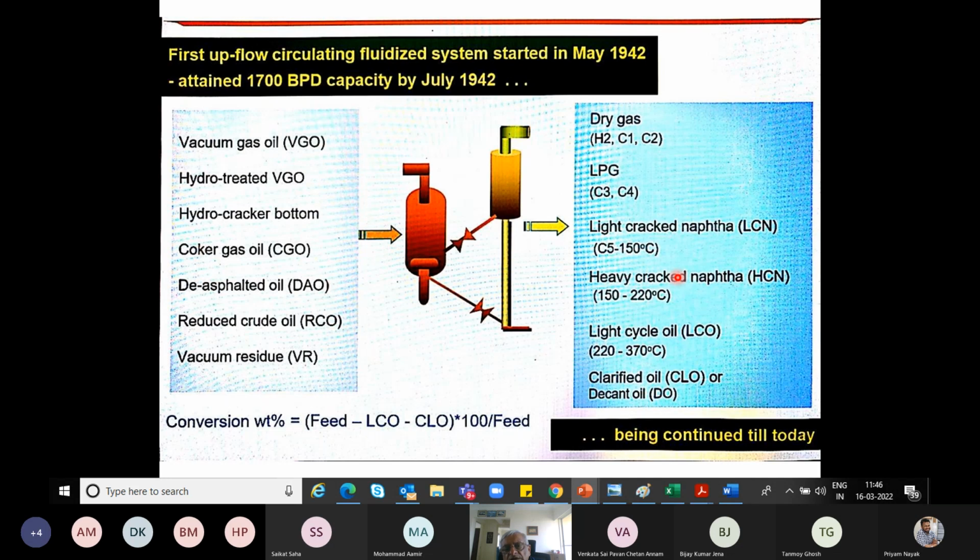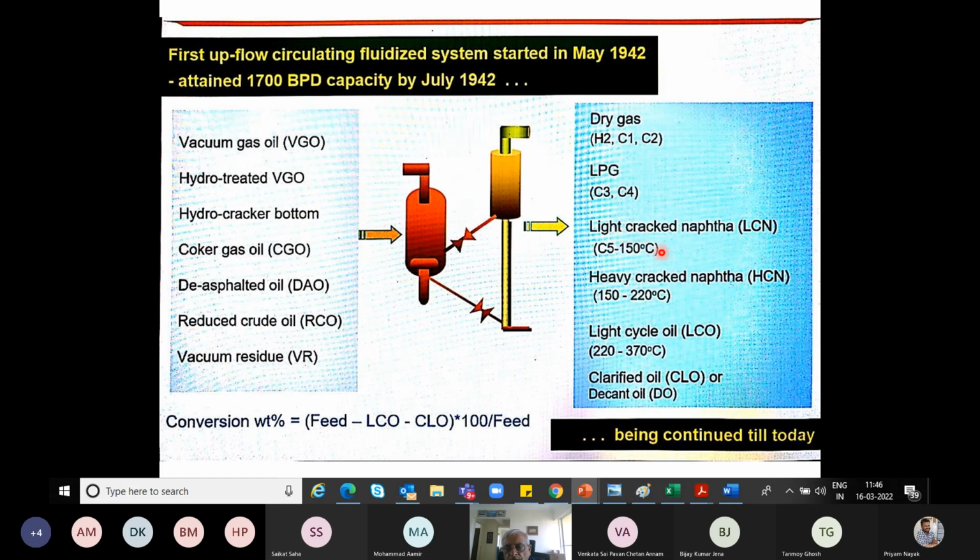And the products are essentially some fuel gas, which we call dry gas, hydrogen, C1, C2. You get LPG, and I'll tell you what the composition of this LPG is. And there's a reason why I want to spend more time on this LPG. This is a very valuable LPG as compared to straight-run LPG that you get from crude oil.